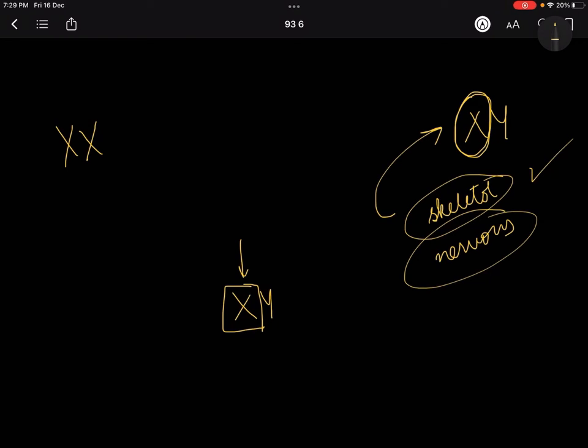can be present on only one chromosome, and the person could be healthy, right? Because the Y chromosome has other characters, the male characters.